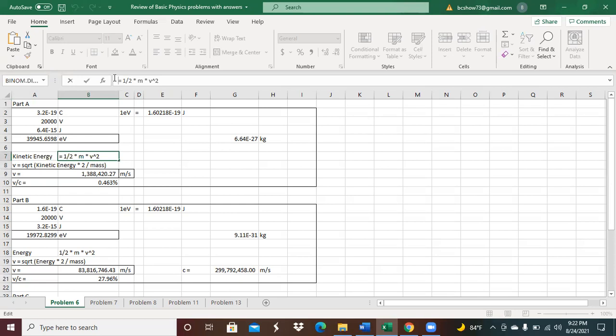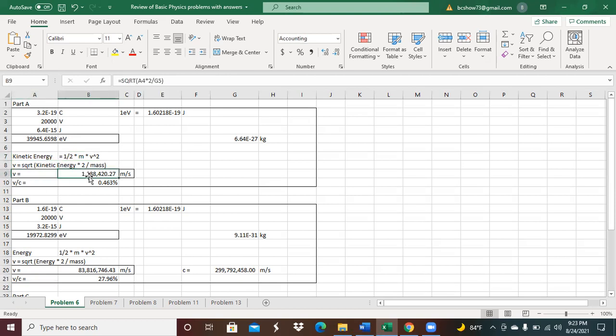And if you're in Excel and you don't want it to do silly things like that, you put a single quotation mark and it just keeps the text. So if I multiply both sides here by 2, divide by m, that gives me v squared is equal to the mess on the other side. In order to just have v squared left, I take the square root of both sides.